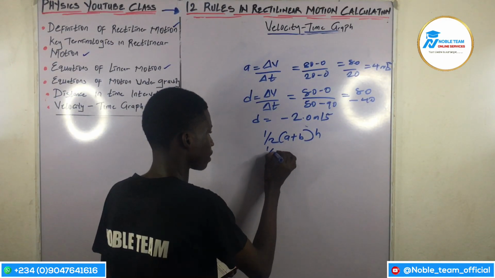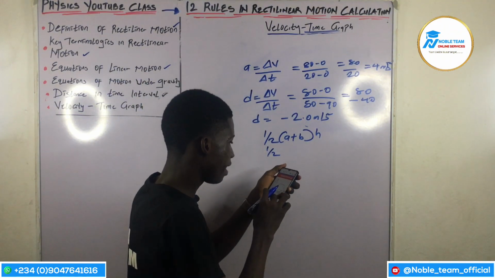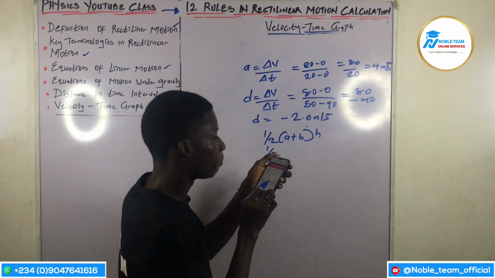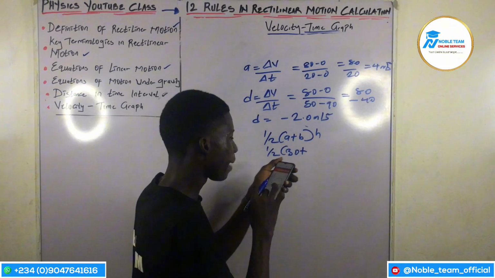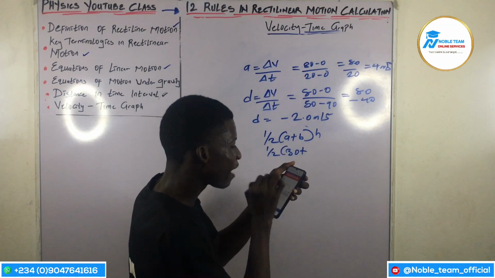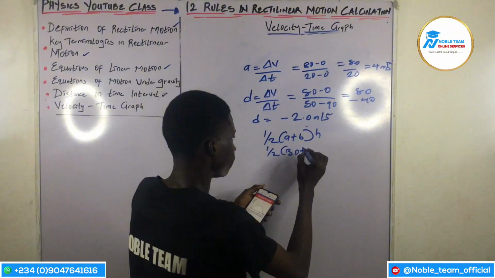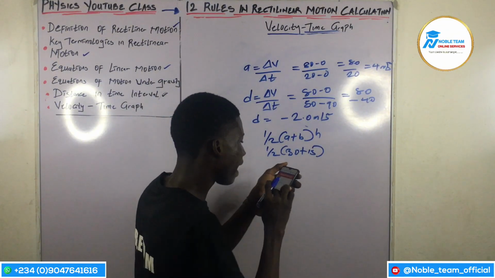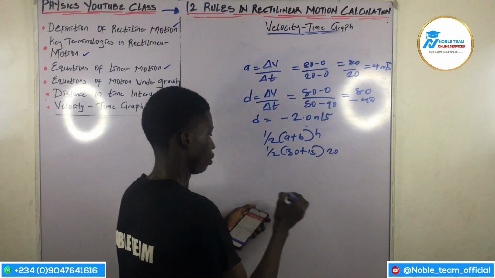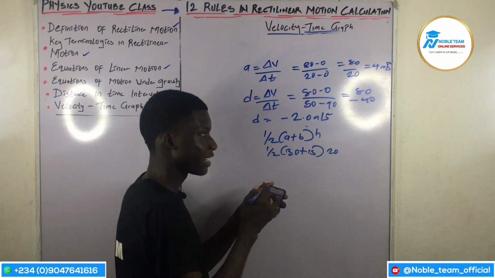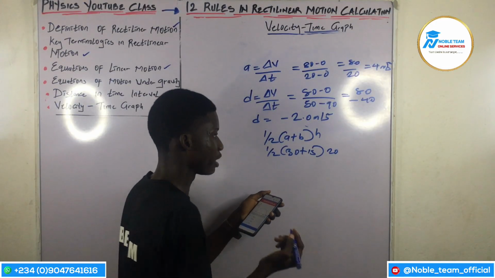I have 1/2. Then my A is from 30 to 0, which is 30, plus my B from 25 to 10, which is 15. Then my height is 20. So grab that point now. I explained this very well. Do you understand?